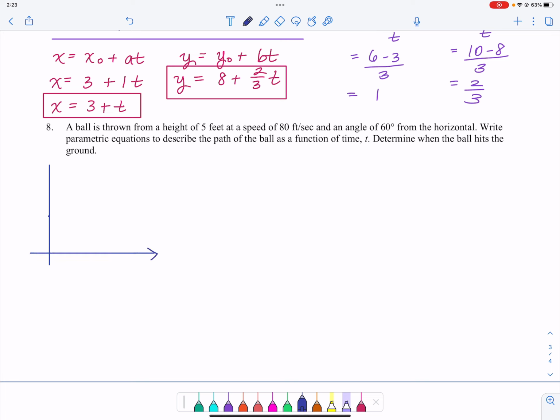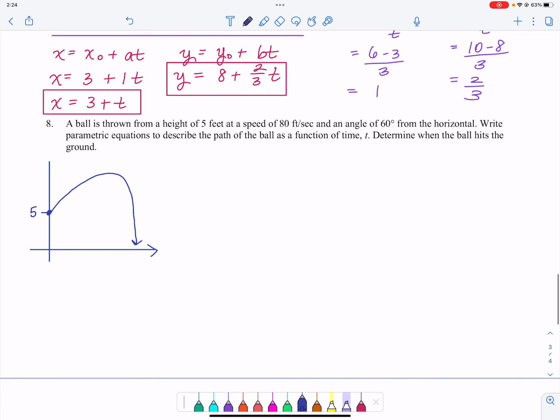So I'm going to start here at 5 feet, and I'm going to throw a ball, and that ball is going to hit the ground. Let's keep reading. So a ball is thrown from a height of 5 feet at a speed of 80 feet per second.